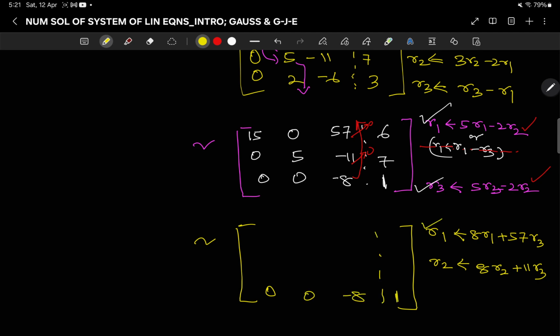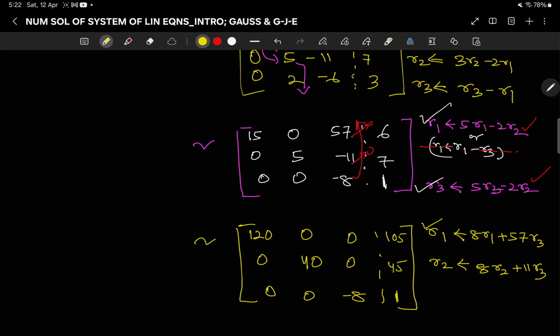After these operations, we get 15 into 8, which is 120, and 0, 0, 0, 40 and 0. On the right hand side it is 105 and here it is 45.